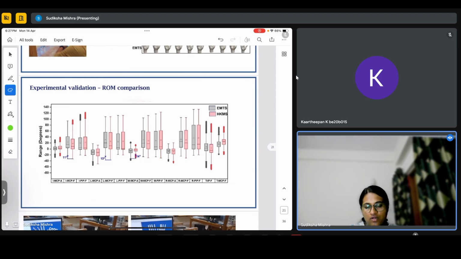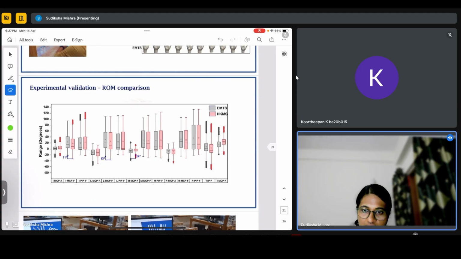Further, they also validated it for various ranges, and they saw that the ranges for the EMTS and HKMS system were more or less the same.